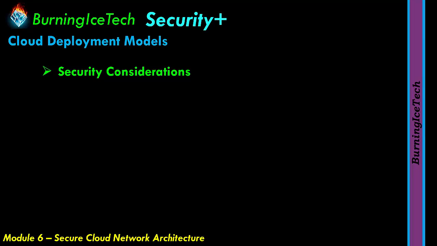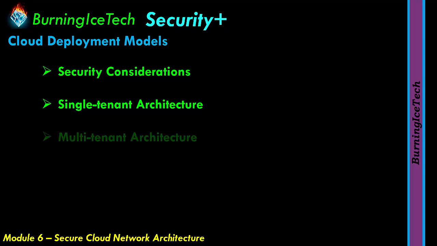Other cloud deployment model things you need to consider are single tenant architecture and multi-tenant architecture. Single tenant architecture is if you are the only person on a server, for example. If you're going to do that, you need to expect to pay more.